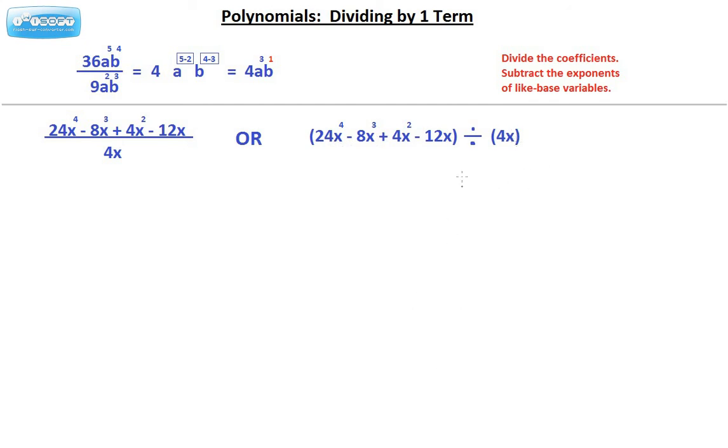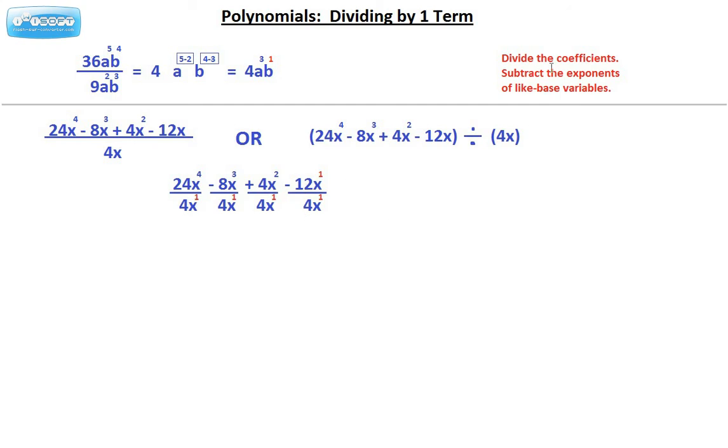So either way that you see it written, you still take every term that's being divided and divide it by the one term. We take each term that's in the first parentheses or on the top and divide it by 4x. And remember, this x has an understood exponent of 1.